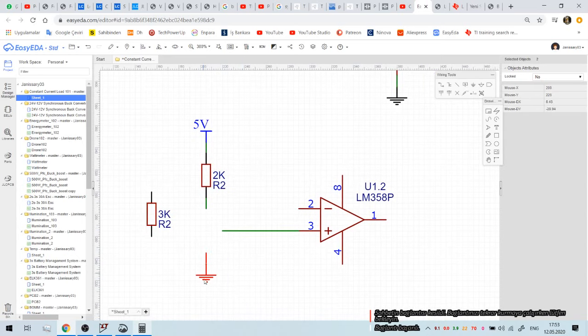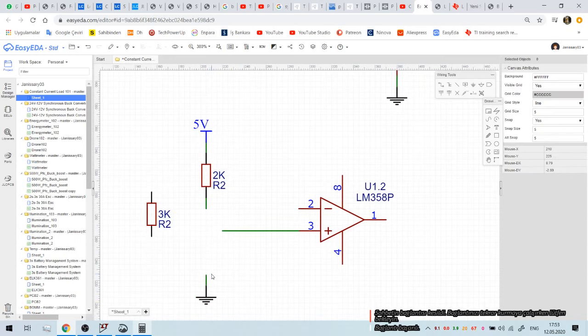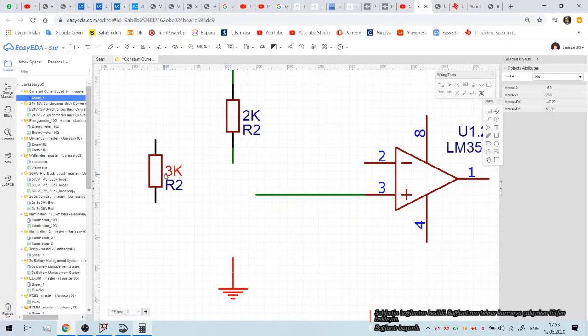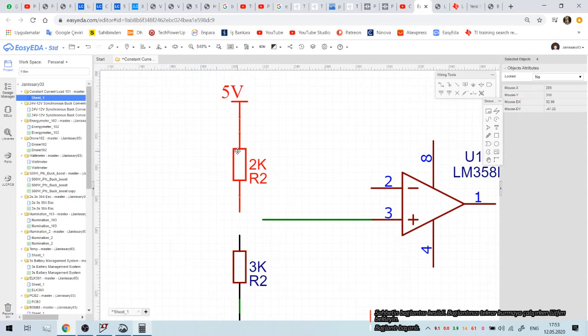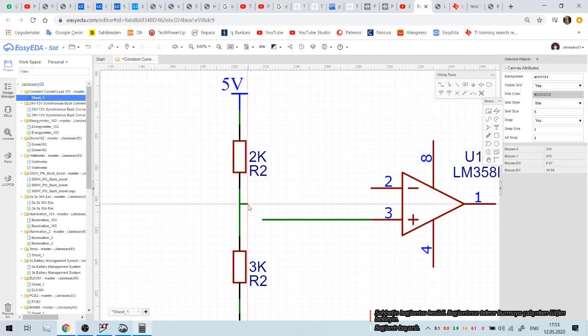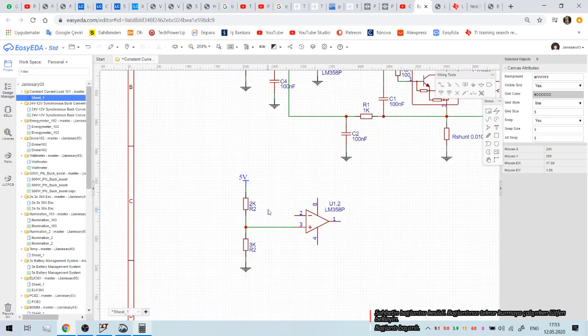Yes, like this. This is a simple voltage divider again. We are using a simple voltage divider.